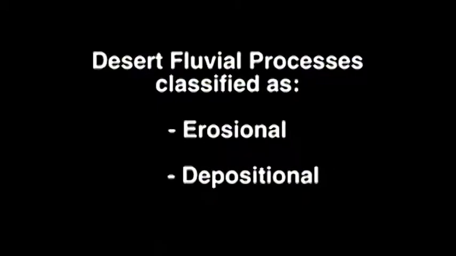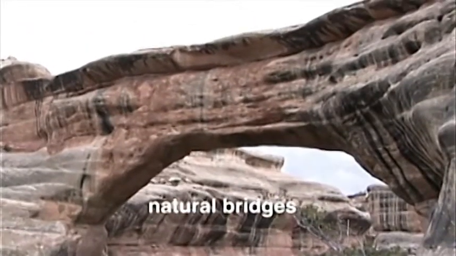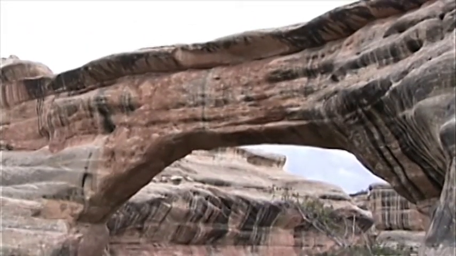To sum up, desert landforms produced by fluvial processes can be classified as either erosional or depositional. Erosional landforms include natural bridges, and these are produced by a combination of flowing water and weathering.